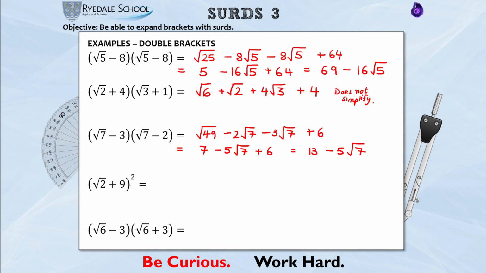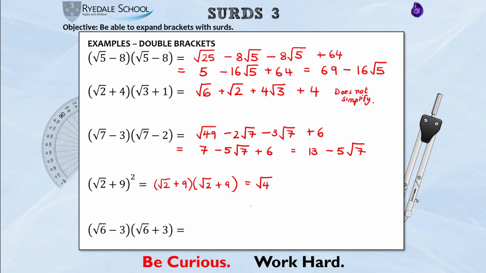In some of the questions that you see today, you might see the squared symbol. But just remember, that means you are taking the bracket and timesing it by itself. I would always write that out first. Let's do FOIL. Root 2 times root 2 is root 4.